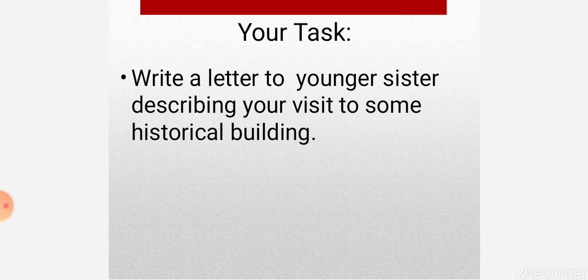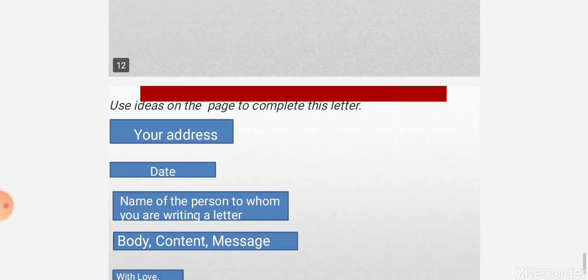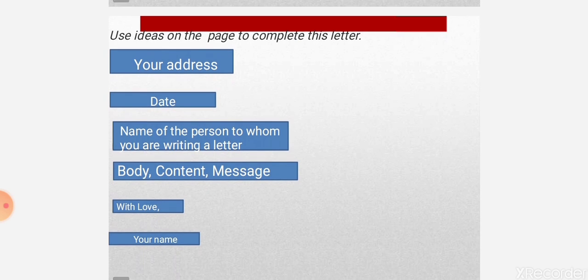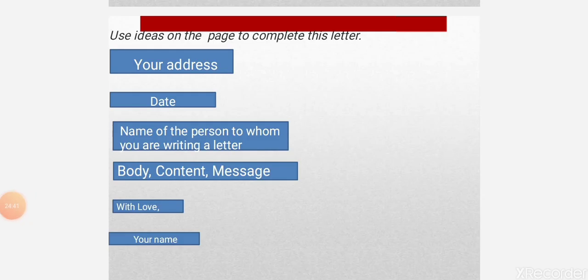Students, it is very easy. In your mind, do the planning once and think of your points: I have to tell 1, 2, 3, 4 about that historical building. Secondly, keep in mind the layout, because if we are having the ideas and if we are not following the proper layout of the letter, then we can face some problem.